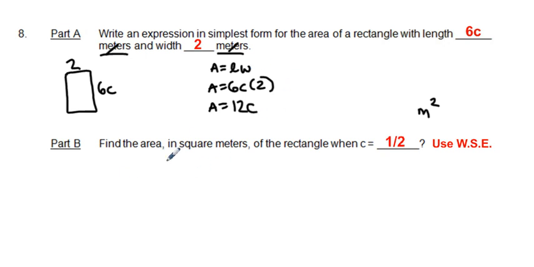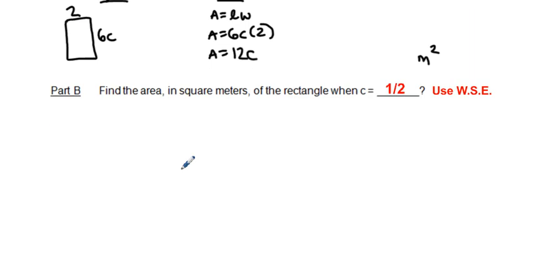Now for part B, find the area in square meters of the rectangle. So here is where they define what c is. So my formula I have is 12c, my expression. I'm going to substitute 1/2 for c.